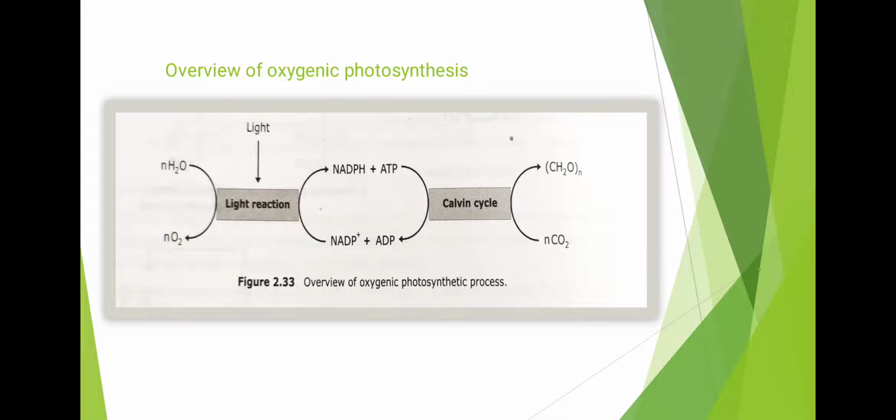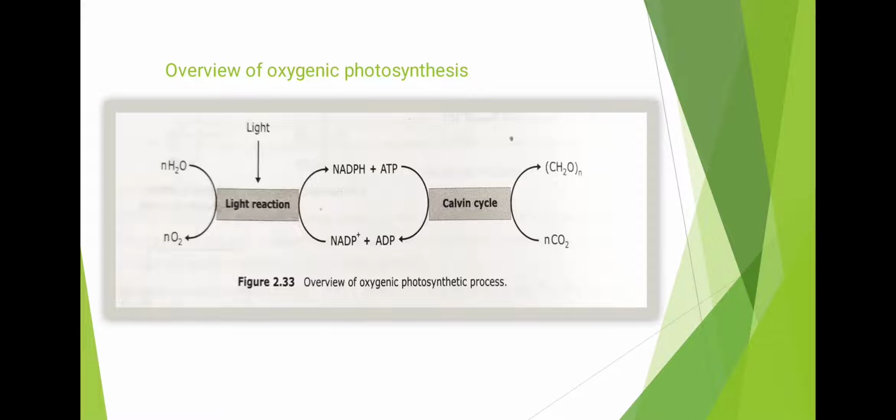From the diagram it is clearly seen that it is a two-step process. The first step is a light dependent process, generally called the light reaction. This process requires the direct energy of light to make ATP and NADPH that are used in the second process.